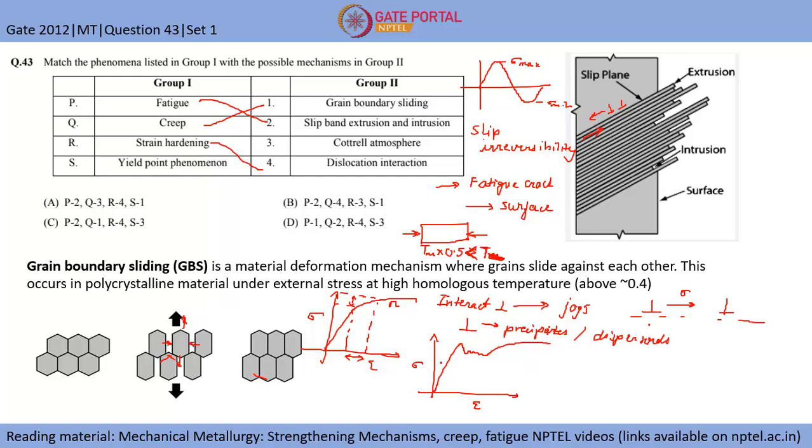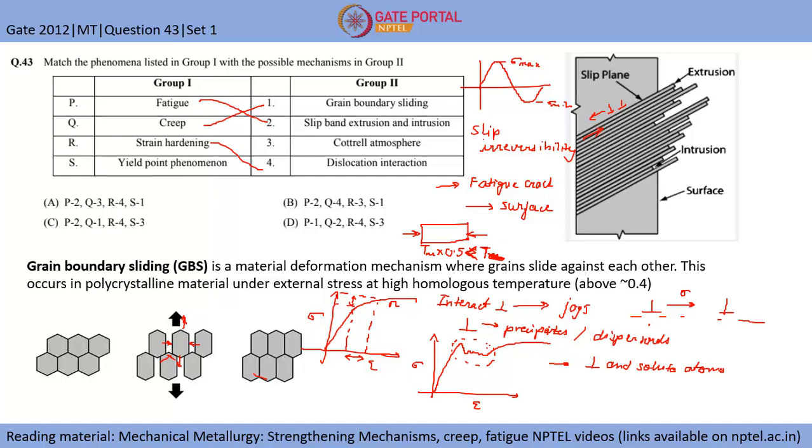The stress strain curve of all the materials is usually like this, but in mild steel we get this abnormality in the stress strain curve. This abnormality is basically because the solute atoms and dislocations interact with each other.